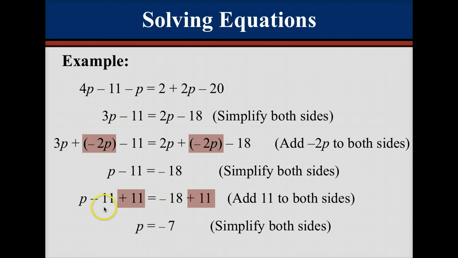This will leave us with p is equal to, and negative 18 plus 11 is negative 7. Now it's very easy to check your answer. You can go back in and substitute in a negative 7 for your p's. And if you get the same answer on both sides, then you know it's a solution to your problem. There's no reason why you should not know if you have the right answer to an equation, because all you have to do is go back in and check your solution.